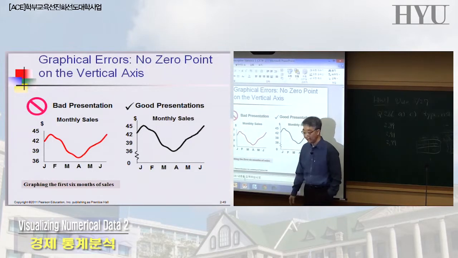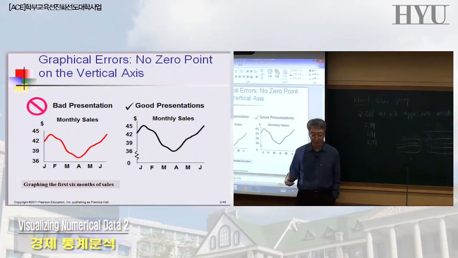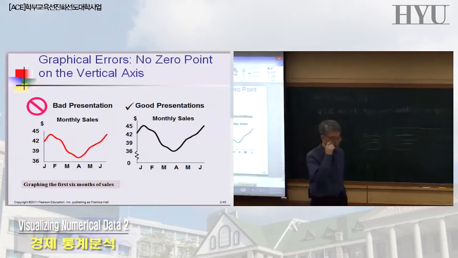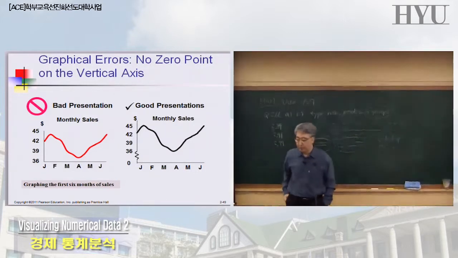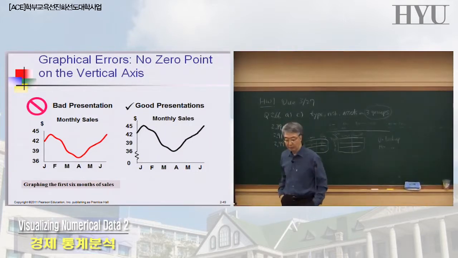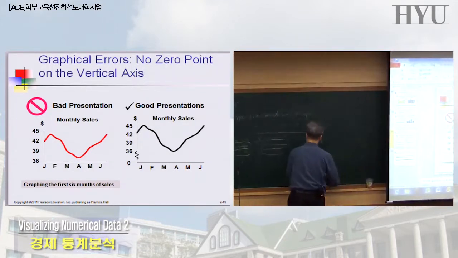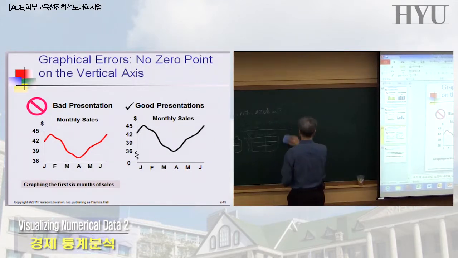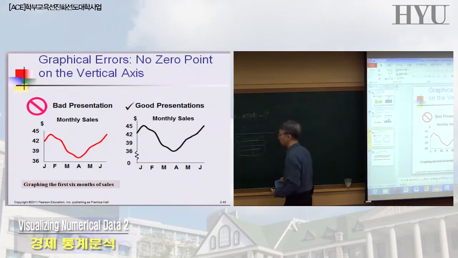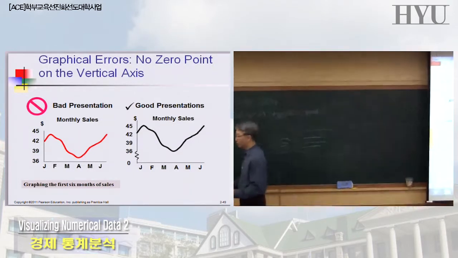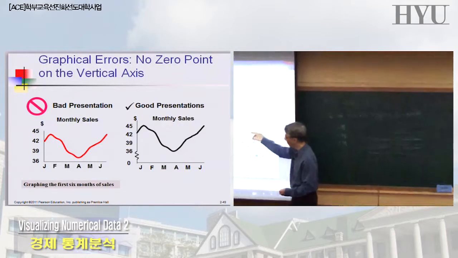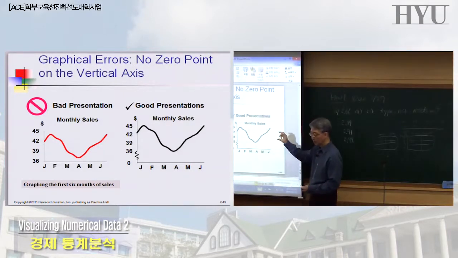So why does it matter? Why is it necessary? The thing they would not recommend is, obviously in the case of this graph, the numbers are scattered between 36 and 45, within a 10 number range.